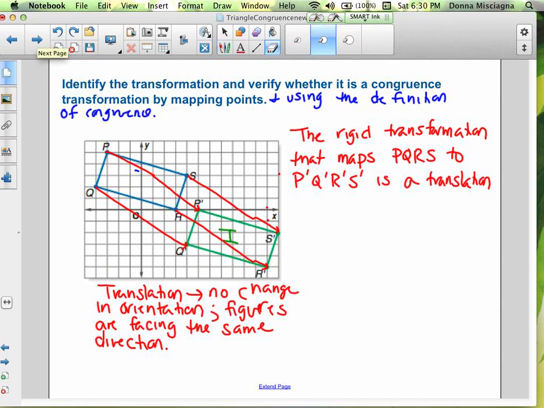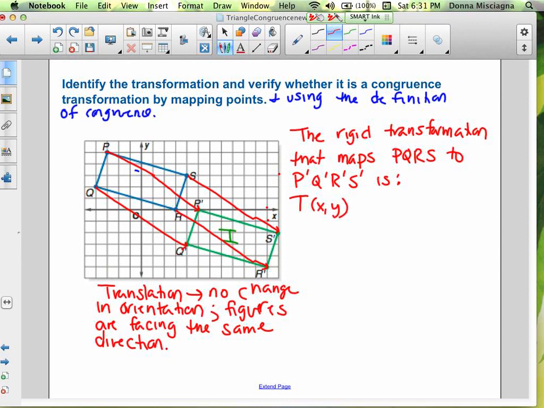Actually, let's just use the whole abbreviation. I was going to say it's a translation and then give the rule, but the rule includes the abbreviation for translation anyhow, which is the T. It's a translation where each point is moving 8 to the right and 5 down.